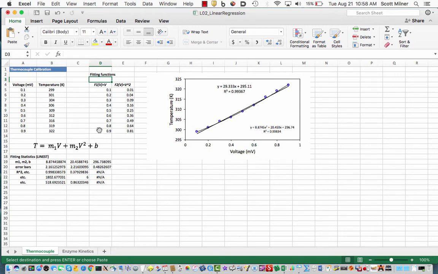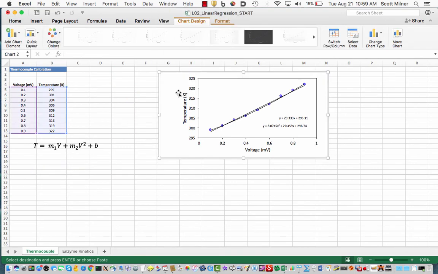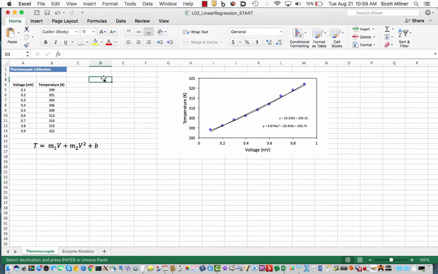So we're going to make columns like this, and this one's just a dead copy of this, but this is a column which is the square of these numbers, and I just grouped them together and labeled them like this to make things clearer. And so if I go back over to the start page, then I'll just reproduce this by typing a caption, fitting functions, and then v, and then v squared.